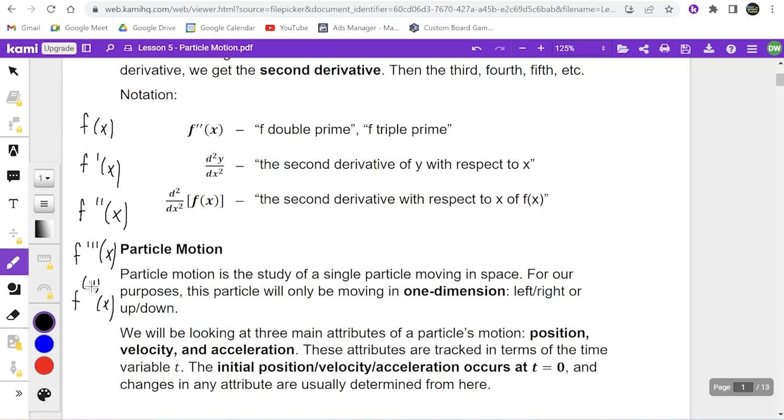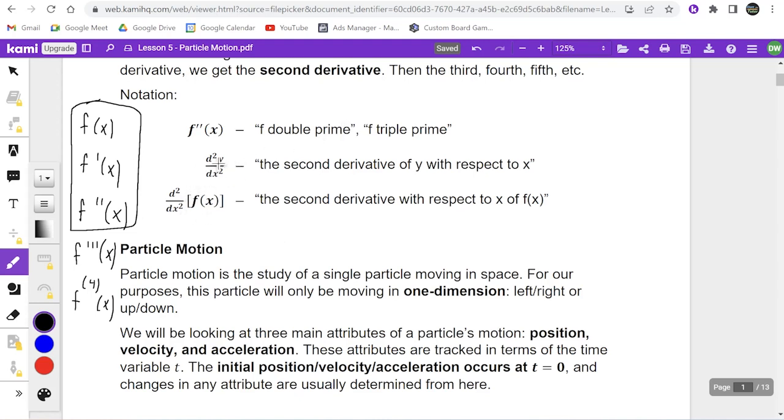And you may be wondering, why parentheses? Well, because if you remove the parentheses, then you're saying the fourth power. If you put the parentheses in, you're saying the fourth derivative. So that's the notation you would use. The good news is, today we're only going to be dealing with these 3. We're not going to be dealing with anything past that. Although theoretically you can keep going, it's fun.